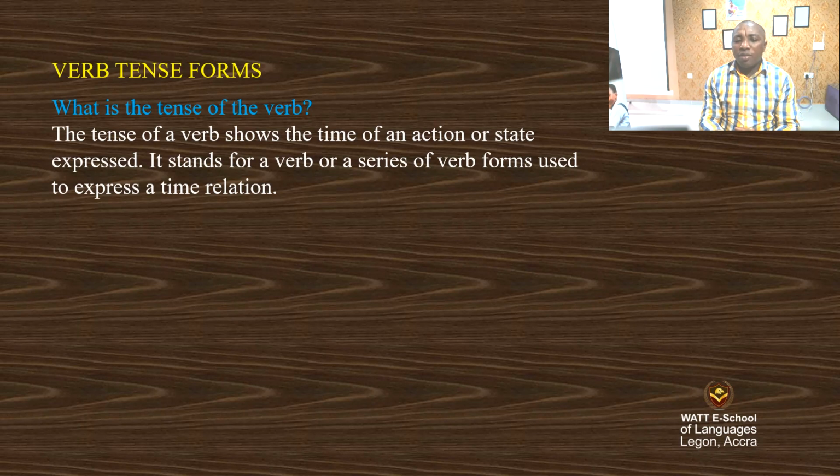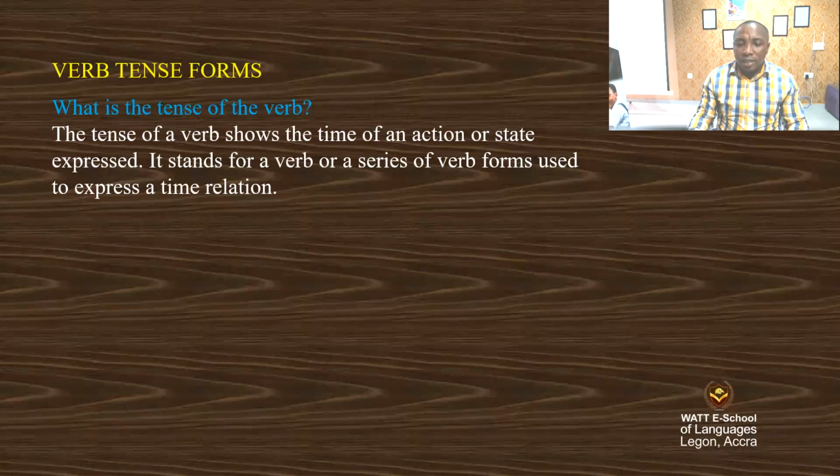It stands for a verb or a series of verb forms used to express a time relation. These may show whether an action, activity, or state is present or past. Some verb tenses are simple present and past.